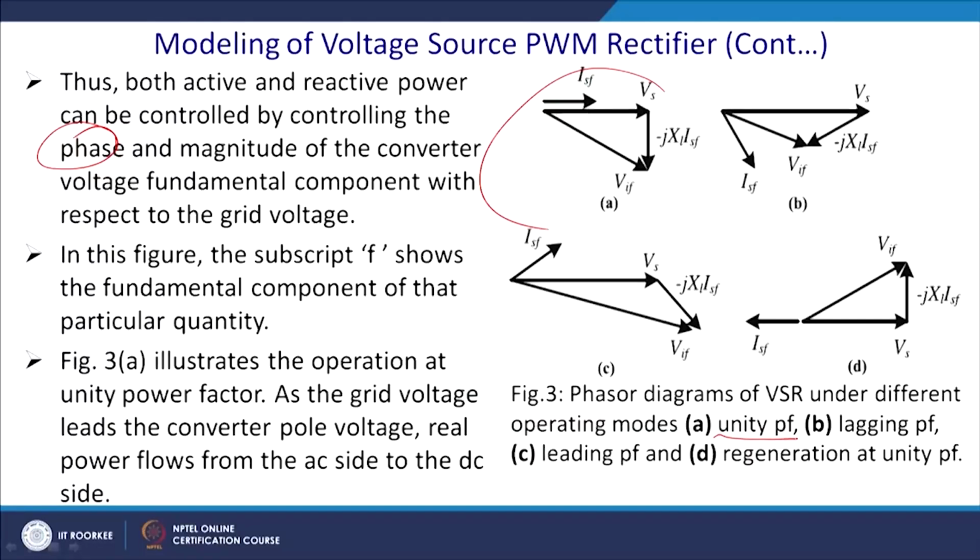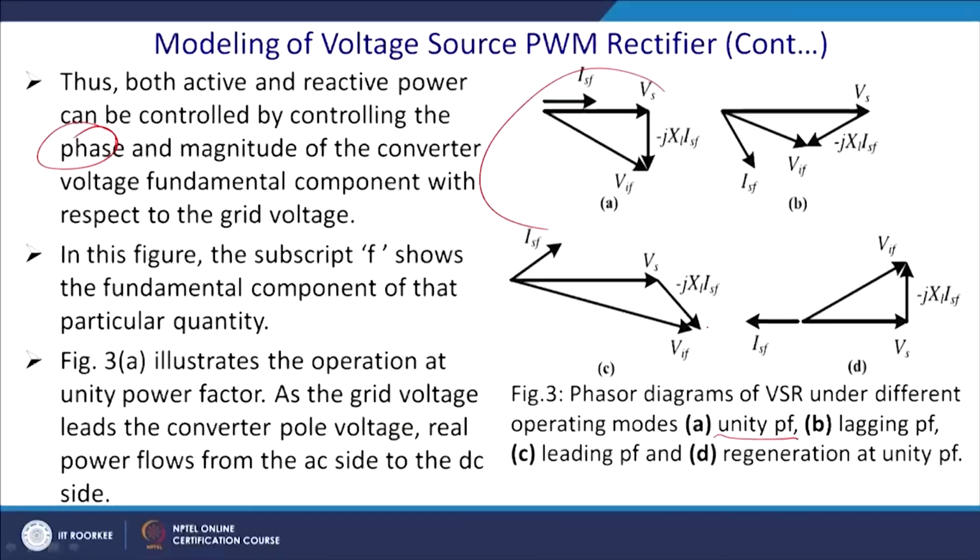A shows the phasor diagram of the voltage source rectifier under different operating modes, that is unity power factor, where voltage and current are at a unity power factor, and this one is Vif, and in B it is lagging power factor.